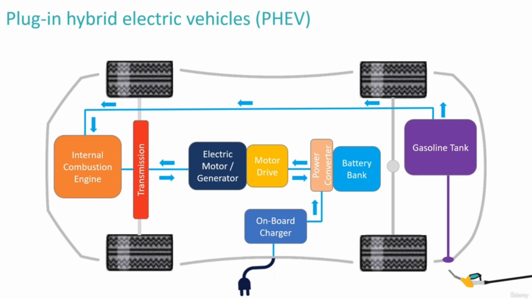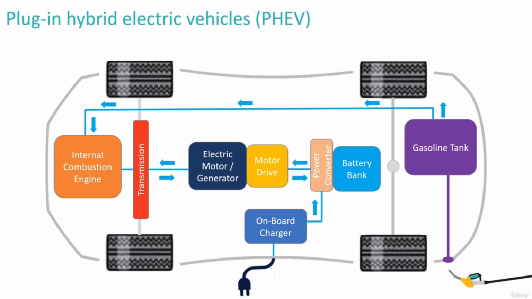This enables the PHEV to use the electric motor during large periods of time when driving. That means for large distances. This means that the PHEV can drive electric for most city commutes and switch to fossil fuel for long highway rides, removing any range anxiety.